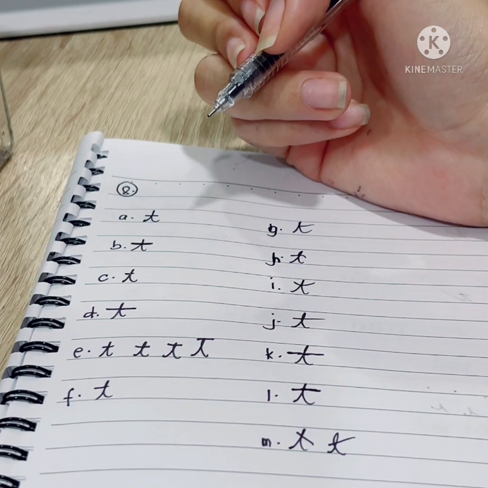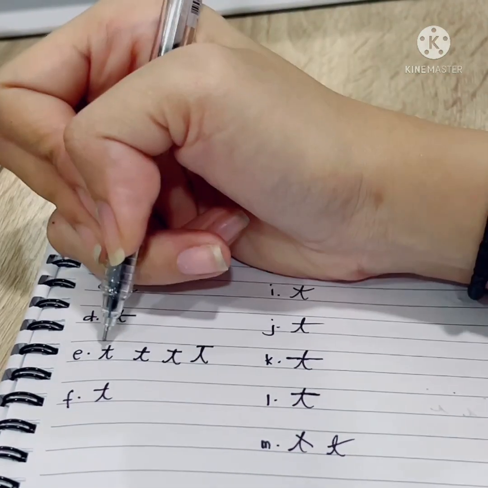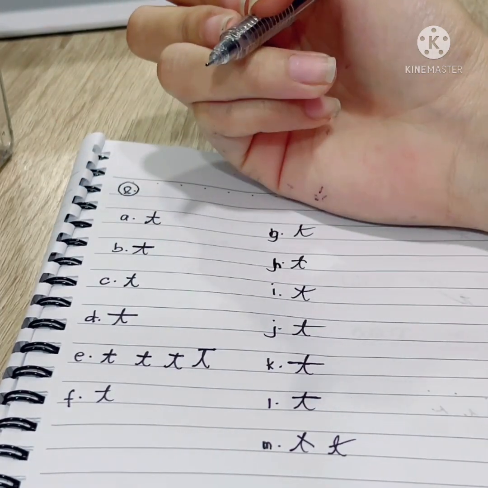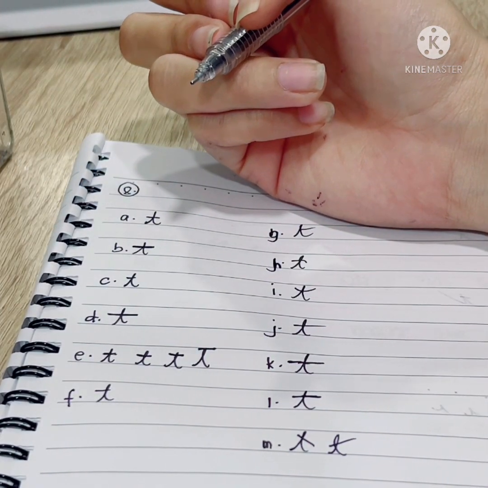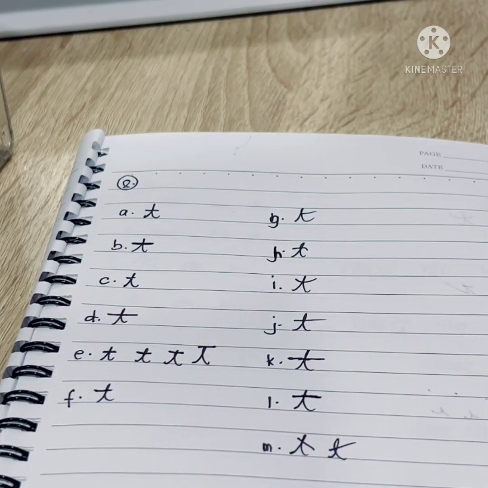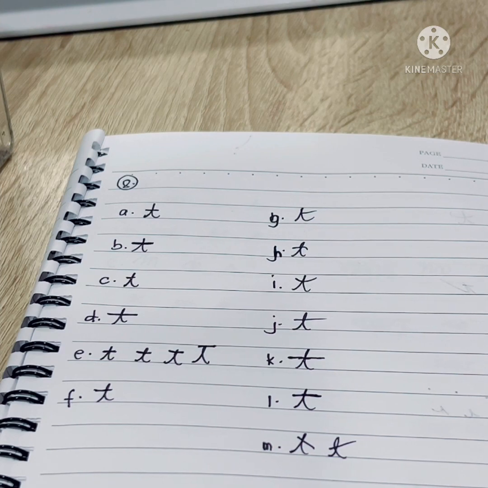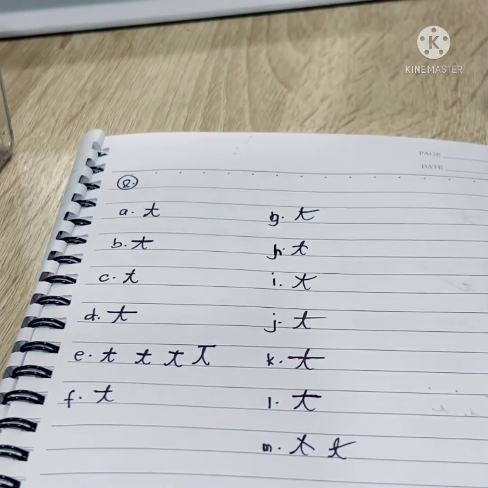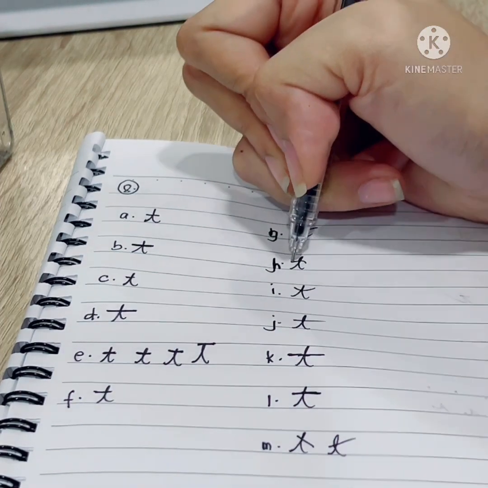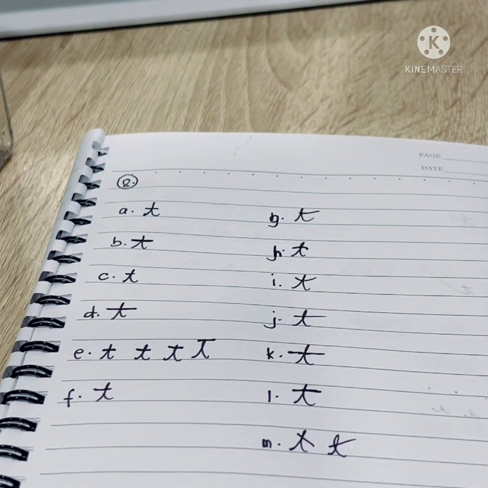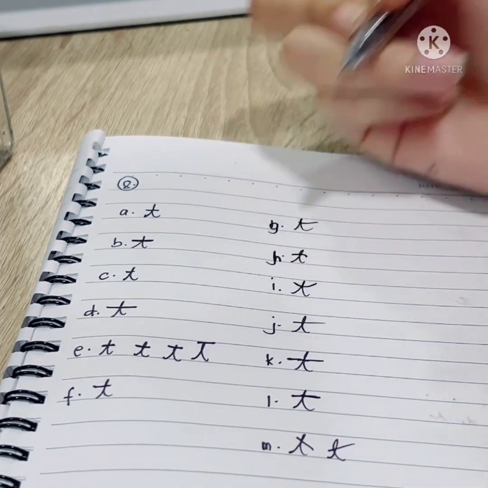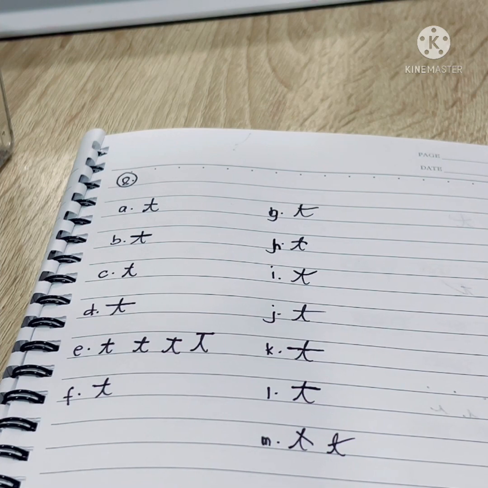E. T-bar location on the stem. F. T-bar left of the stem. G. T-bar right of the stem. H. T-bar convex shaped. I. T-bar concave shaped. J. T-bar fades.